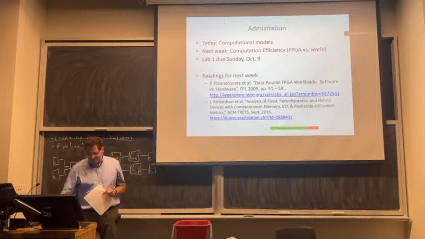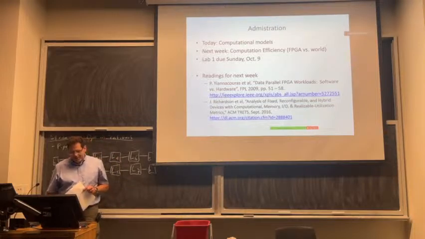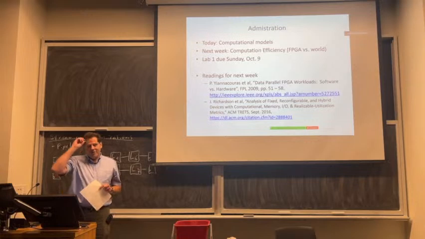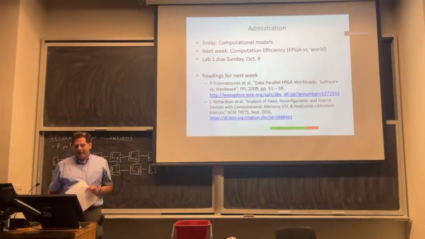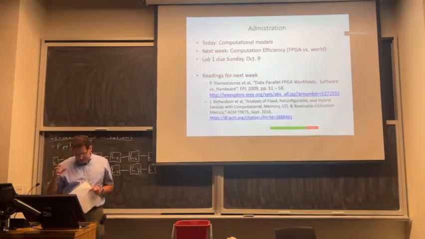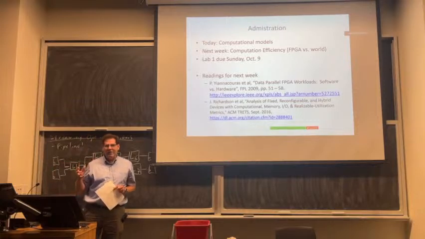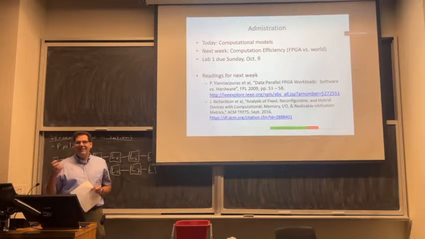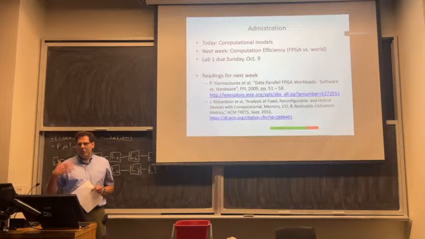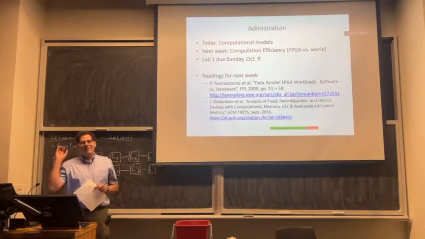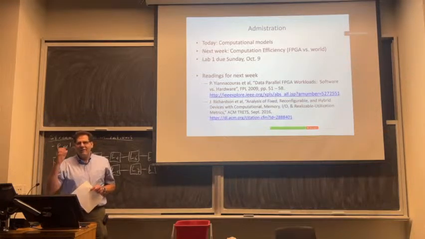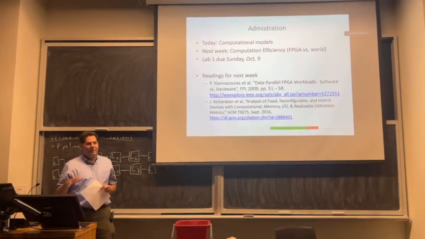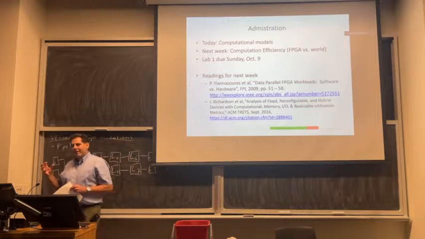A couple of readings that I'll post to the website for next week. These are related to this question of computational efficiency. The first one is a paper that I really like because they analyze the overhead of the processor model. Having instructions that you fetch and execute actually costs you a lot. They try to quantify how much that costs versus what if I just had hardware that did that exact thing, which is not very flexible. Processors are a lot more flexible, but let's get a bound on that.